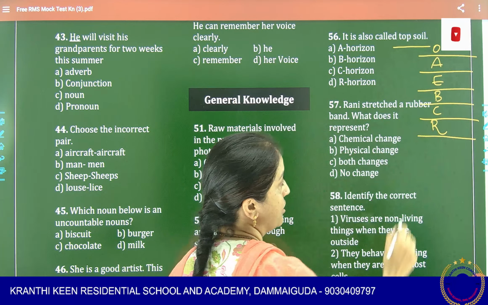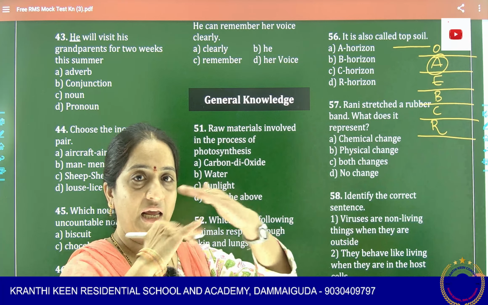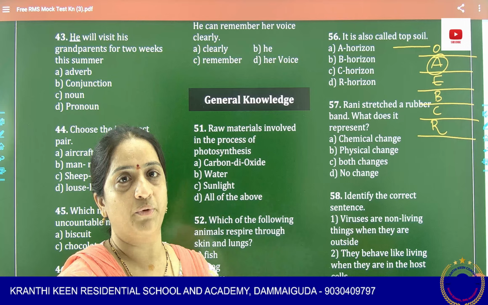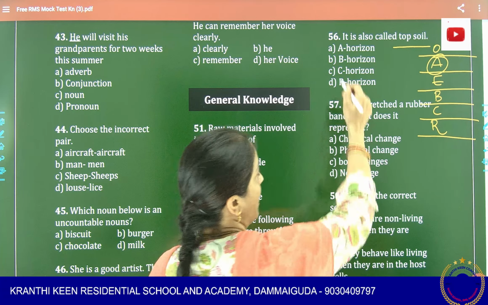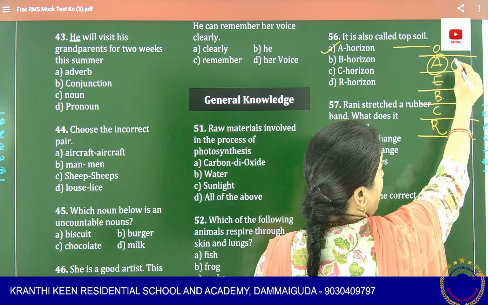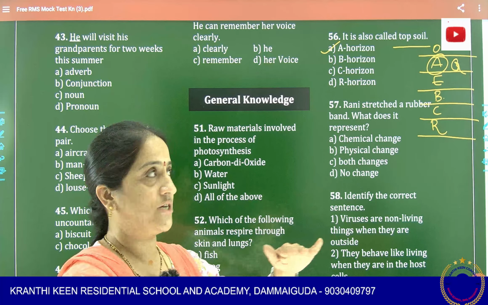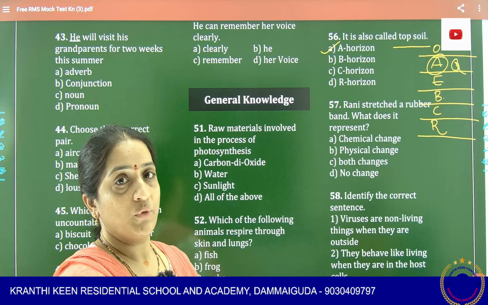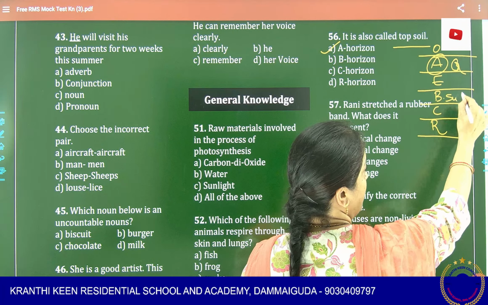The top soil is called as a horizon. Horizon is nothing. The layers of soil is called as a soil profile. The study of the soil is called pathology. So the answer is A. Okay, what is B? So A is nothing but where the seeds get germinated. The layer where the seeds get germinated is the A horizon, whereas B horizon is the subsoil.